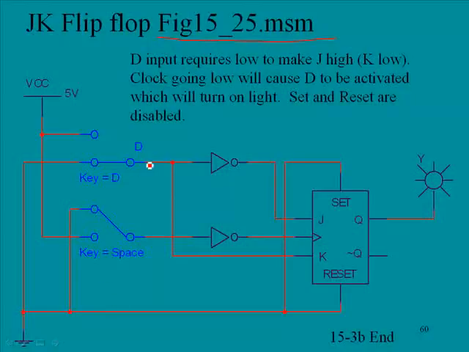Currently the D switch is going to ground, so that would put a 0 here. It goes through an inverter, so that would put a 1 on J, and that 0 goes down here and puts a 0 on K. So we have a 1 and a 0 as an input.